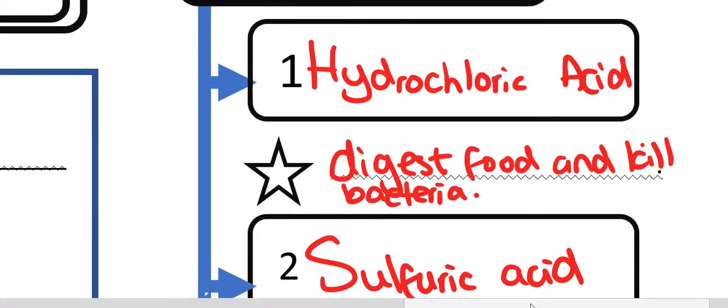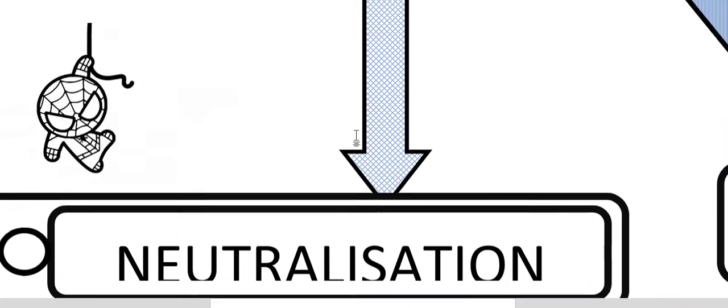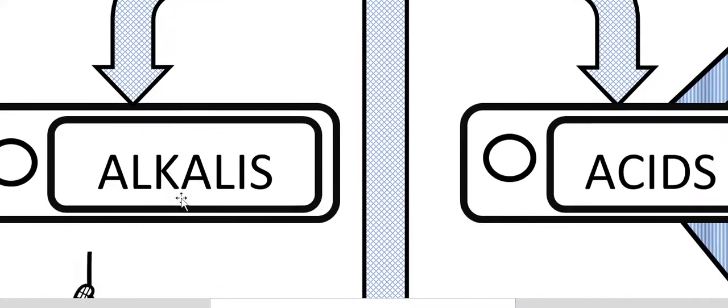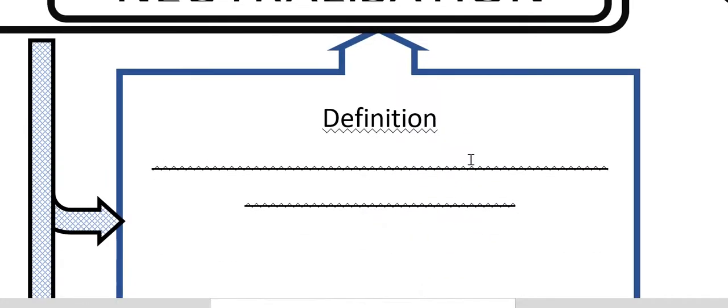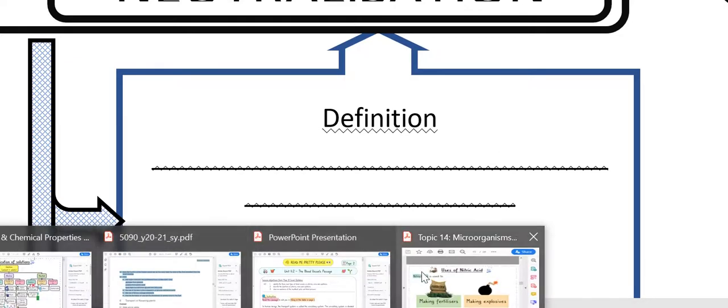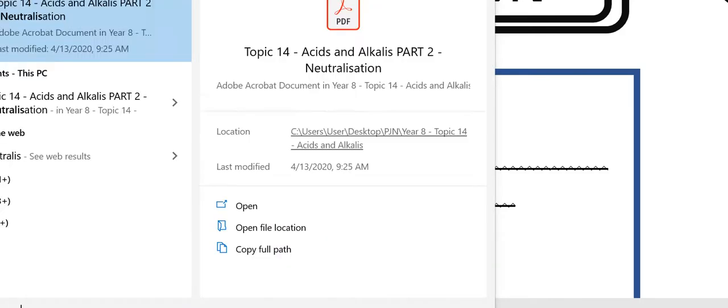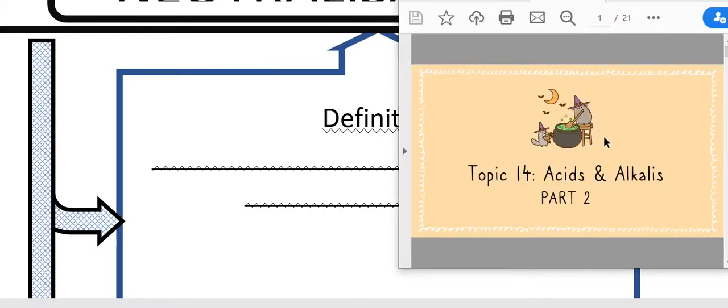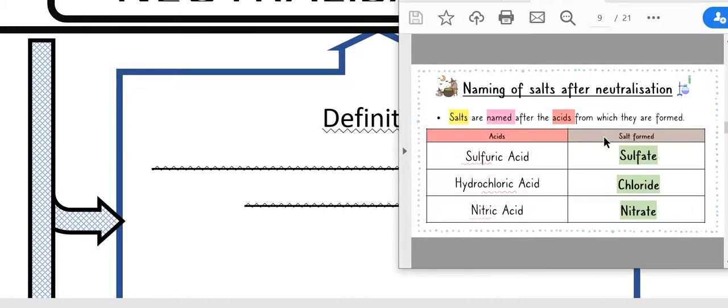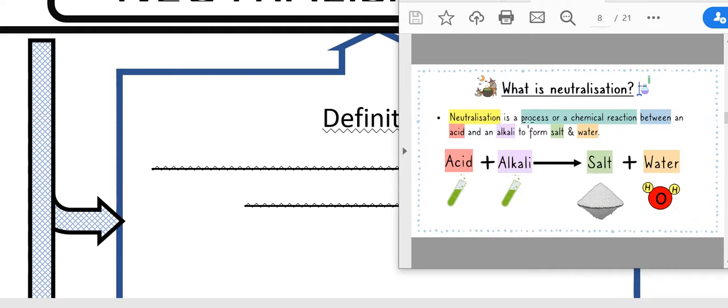Okay, now we're going to move on to this part, neutralization. So neutralization is when you add an alkali and an acid. Definition is right here, so let me just look for that. Neutralization is a process or a chemical reaction between an acid and an alkali to form salt and water.